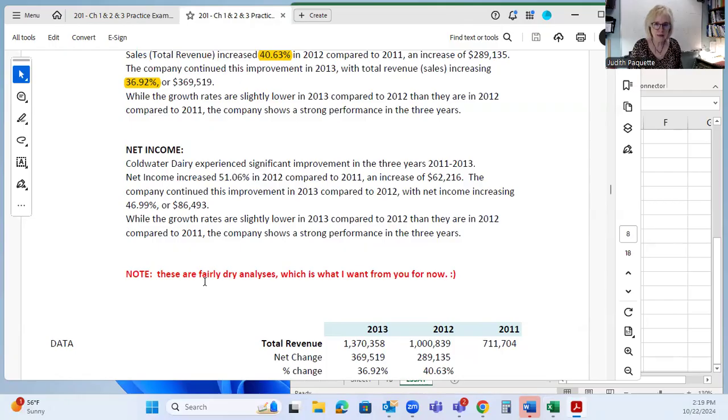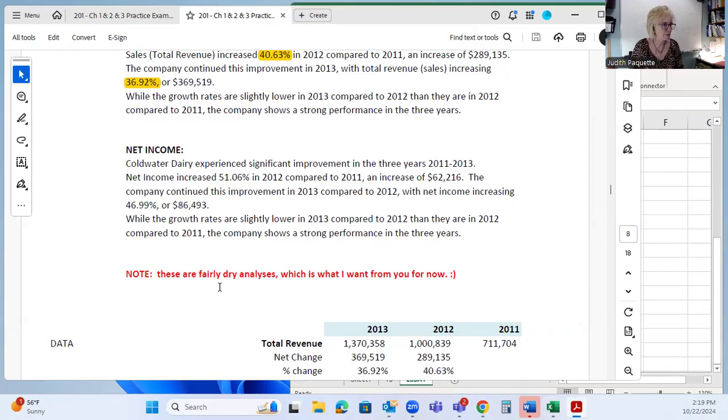Your final statement is, is there anything else you want to tell us? While the growth rates are slightly lower in 2013 compared to 2012 than they are in 2012 compared to 2011, the company shows strong performance in the 3 years. This last sentence is like the icing on the cake, where you're telling me, I get it that the growth rate is going down, but it's still really high.